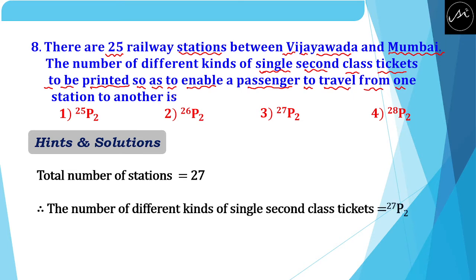So now you can see what they are telling: the number of different kinds of single second class tickets to be printed so as to enable a passenger to travel from one station to another station is 27p2. So option 3 will be the right answer. Okay. Clear? So therefore option 3 is the right answer.